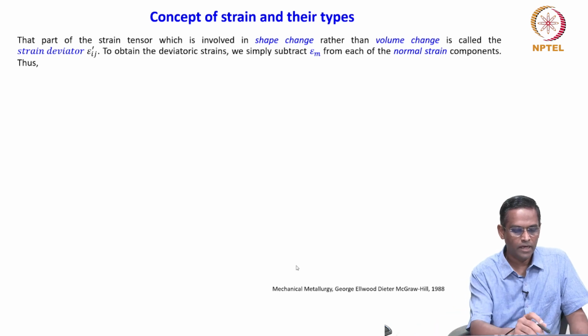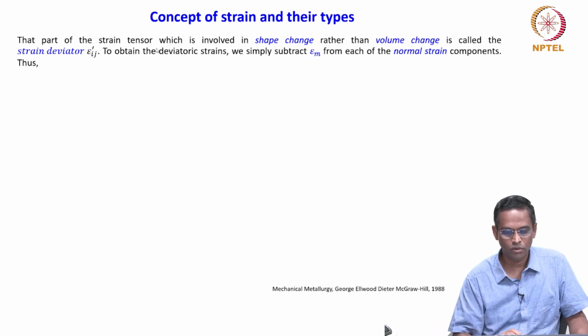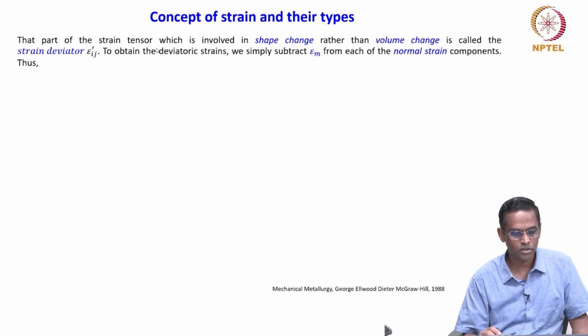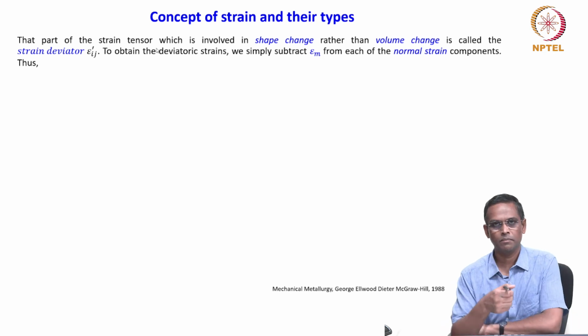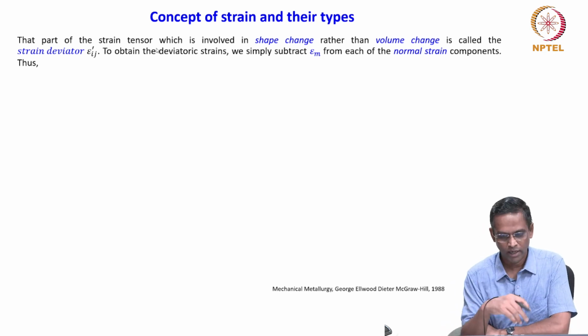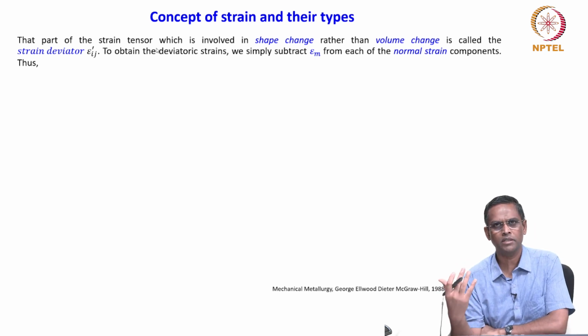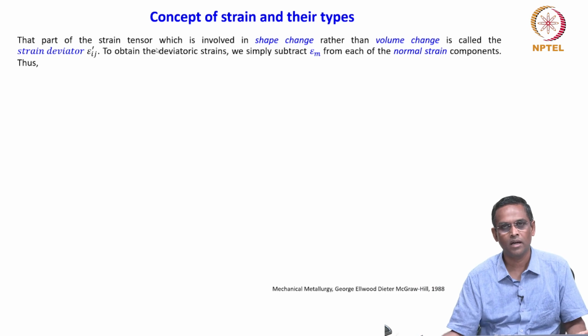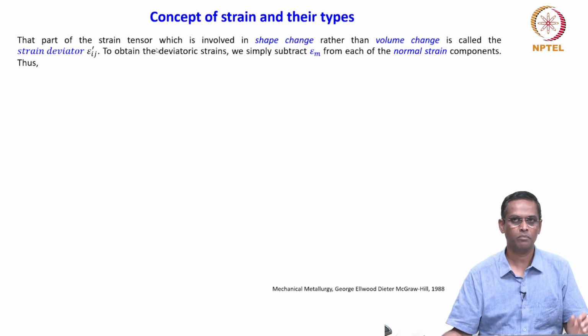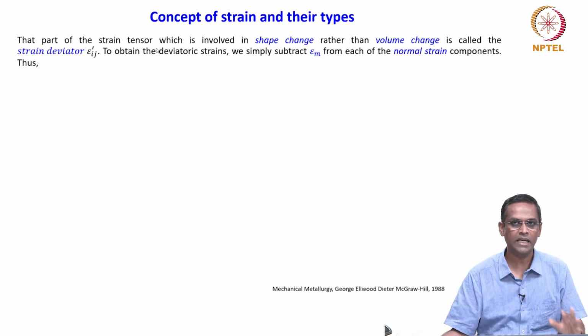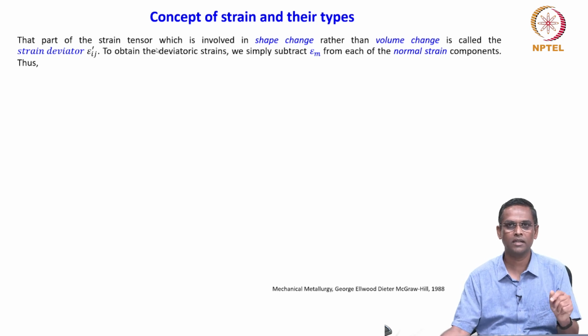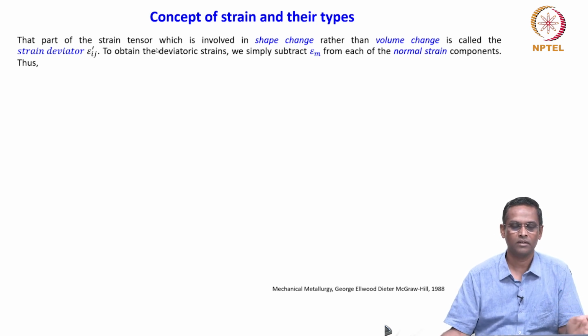The part of the strain tensor which is involved in a shape change rather than volume change is called the strain deviator. These particular terms, the stress tensor parts involved in a shape change or volume change, are very important in the theory of plasticity or metal forming and yielding theory and so on. That is exactly what we are emphasizing.